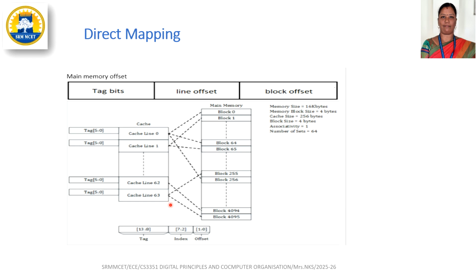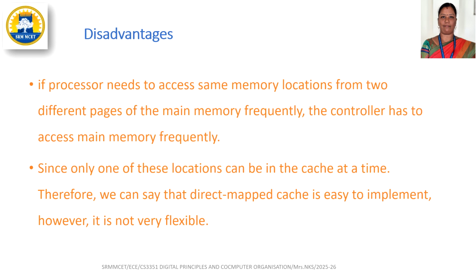Its length is 7 bits since 2 power 7 is equal to 128. When a new block enters the cache, the 7-bit cache block field determines the cache position in which the block must be stored. The third field, the tag, is used to store the higher order 5 bits of the memory address. These 5-bit tags are used to identify which of the 32 pages.